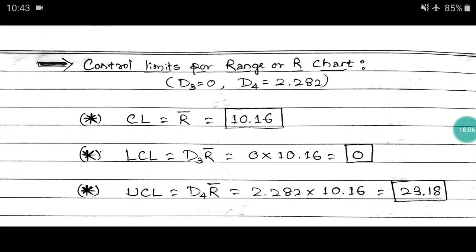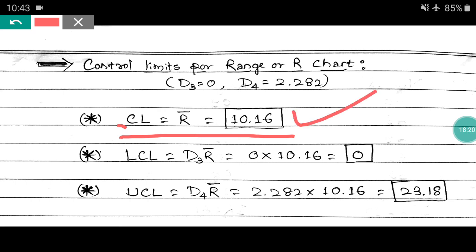Okay. Now next, we should calculate control limits for the range chart or R chart. Okay, now first CL equal to R bar equal to 10.16. Next LCL equal to D3 R bar. D3 value is always 0 when your sample size is 5.